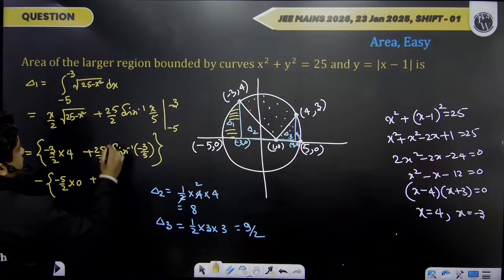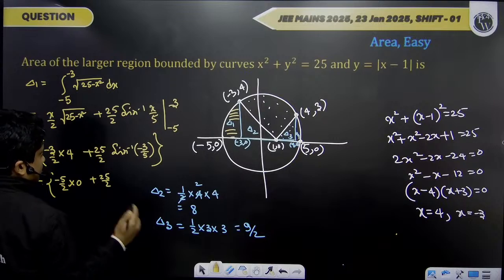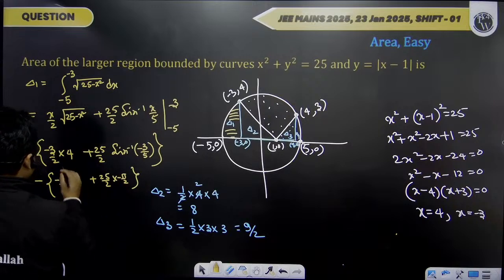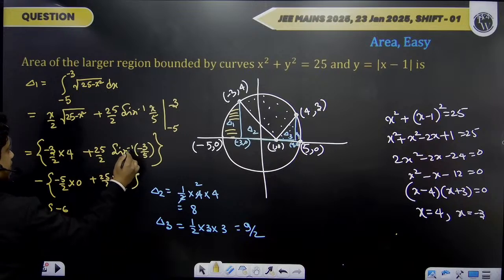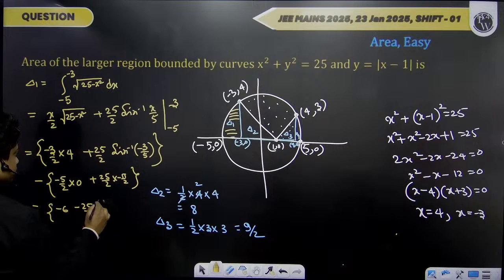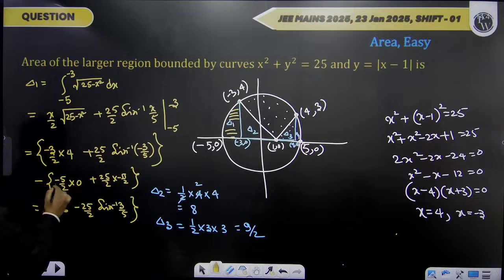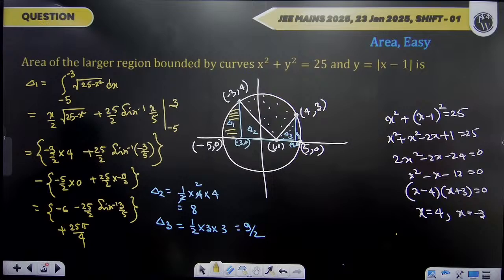So this will be 25 by 2 into sine inverse of minus 5 by 5, which will be sine inverse of minus 1, which is minus pi by 2. Alright, so let's simplify this much. So this will be equal to minus 6, and this will be minus of 25 by 2 into sine inverse of 3 by 5, and here it will be minus of minus, okay, this is 0 anyway. So this will be minus minus plus 25 pi by 4.